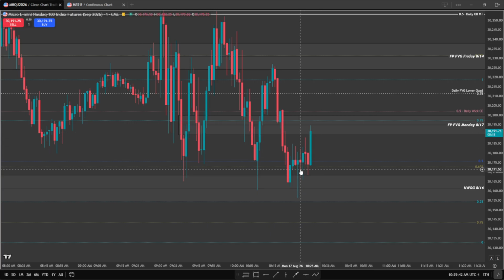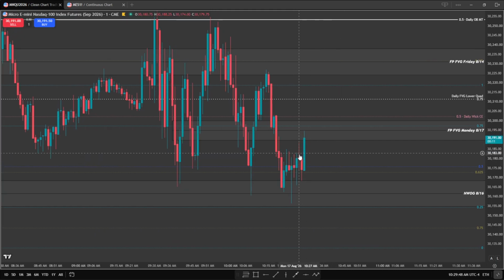I wish I would have gotten in on this wick, like I said, but I'm going to try to get in on this wick here. Assuming we close above it, I'd like to get a retracement down into that, I think.